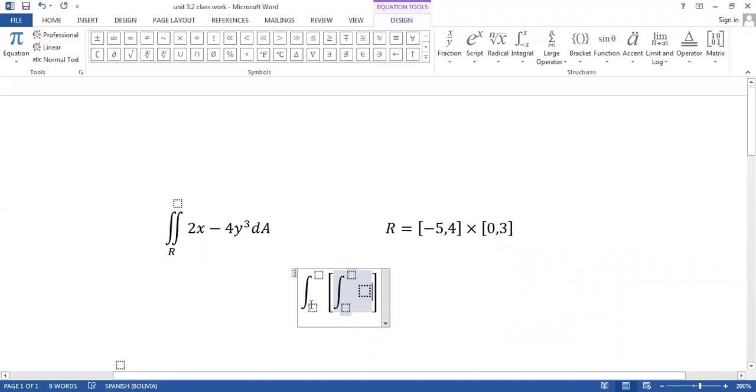All right. So we're going to do dx by dy. Our outer function is going to be dy, so we're going to go from 0 to 3. And inside we're going to go from -5 to 4.